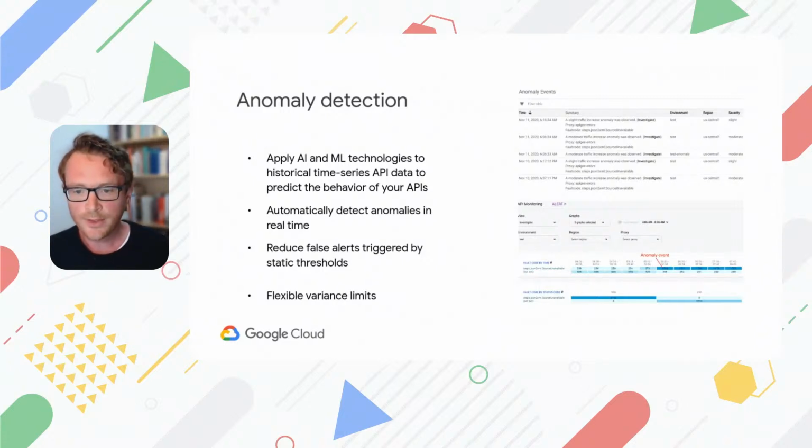So if all of a sudden latencies are starting to increase to certain backend services, or a higher rate of errors are detected for some backend services, or other faults are popping up, we will detect, first of all, that there are anomalies popping up in the API traffic, and then we can also define thresholds to fire alerts based on those changes. And this is really powerful because, normally, when bad things happen, of course, we find out about it and then we configure the alerts later, right?